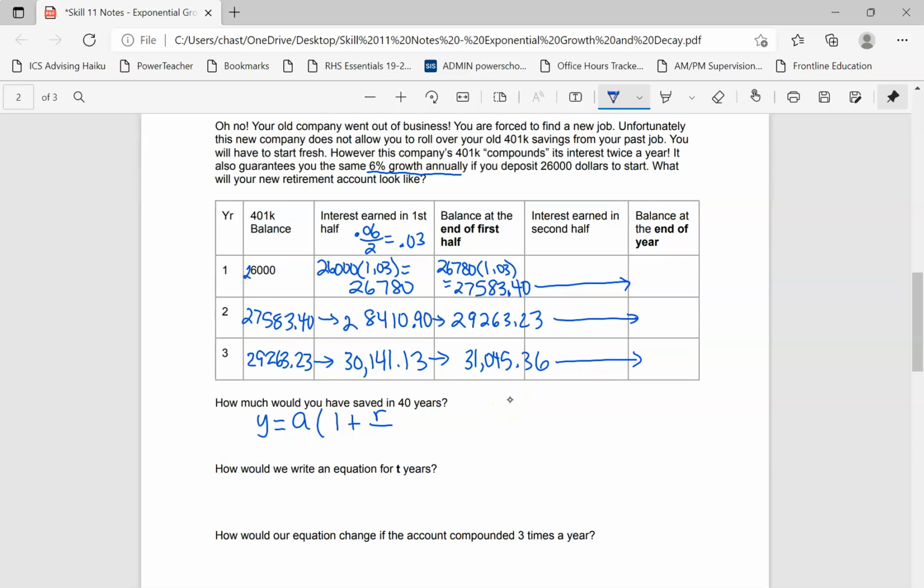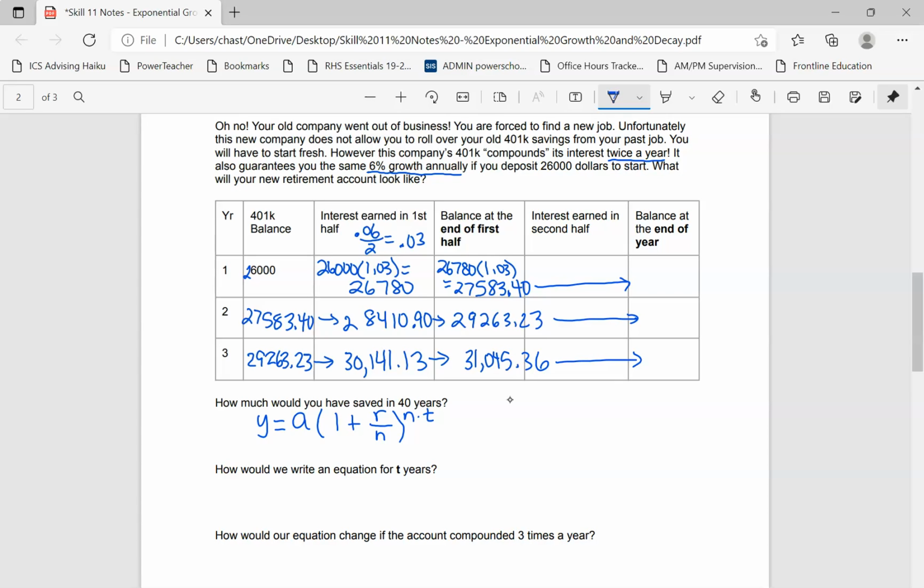So if we look here, we compounded twice a year. So I would divide that generally by 2, or specifically by 2, but generally by n. But the number of times that I multiplied by 1.03, it's no longer just one time, but it's n times, the number of times that I did that.